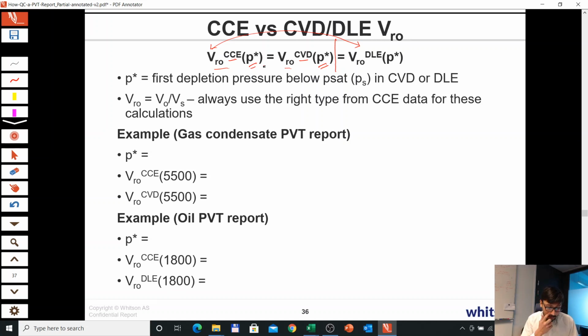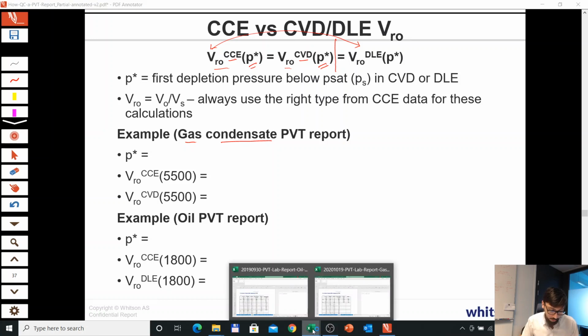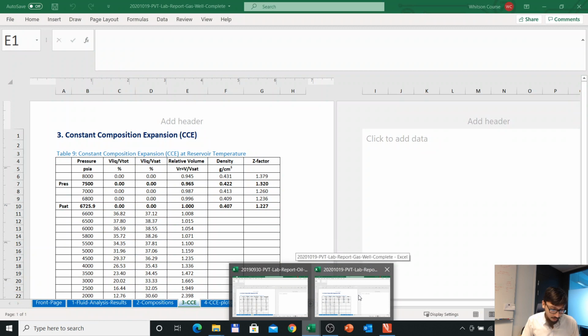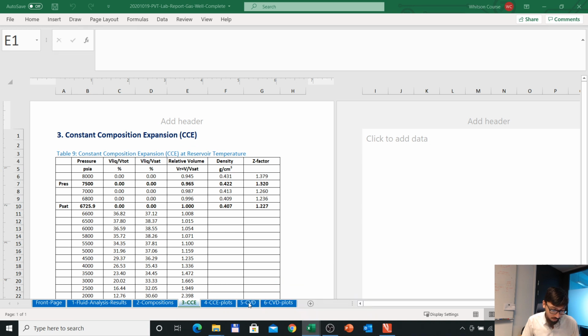Okay, so let's try to do this QC for the PVT reports we have. First we go through the gas condensate PVT report, and the first thing we would like to know is what is P star. So we go to CVD.